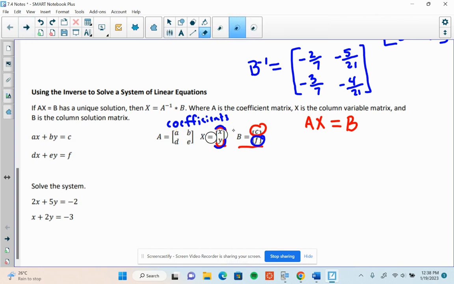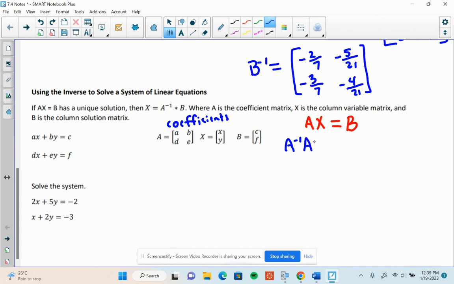So we can write a system of equations in terms of matrices. Then what we will do is notice that if we multiply both sides of this equation by the inverse, I should still have an equal sign. But this product right here, now notice I multiplied on the left. That's very important because order matters when we're multiplying matrices. That's the identity.